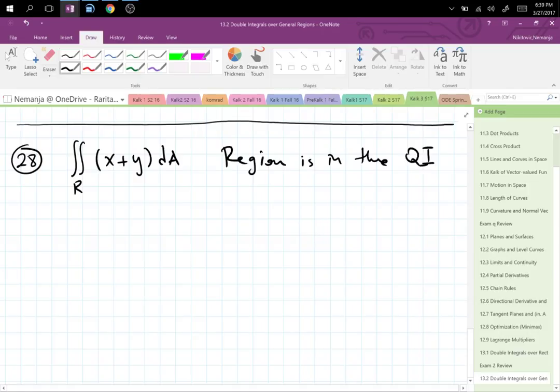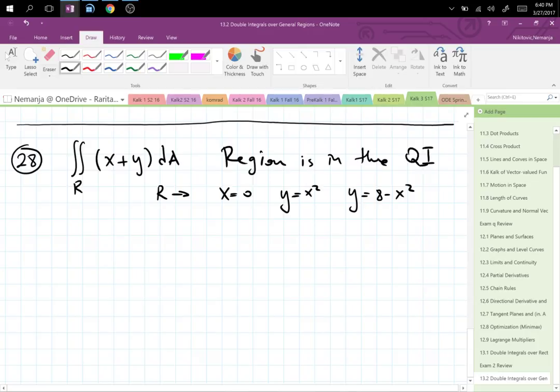It's not QI, it's Q1, Roman numeral. So first quadrant bounded by x equals 0. I usually like to put the region and then arrow. So x equals 0, y equals x squared, and y equals 8 minus x squared.